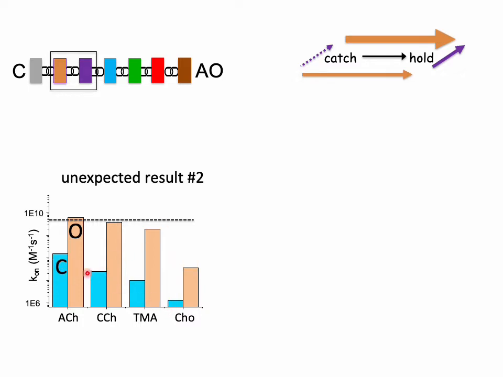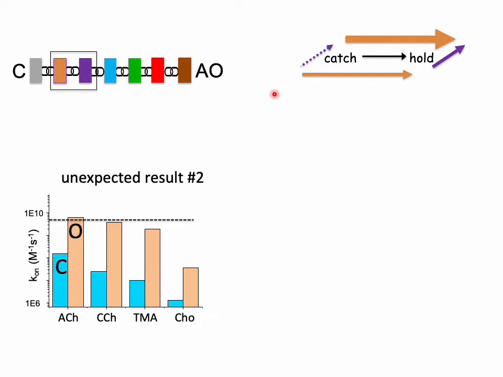You recall that we use this reduction in C with a reduction in EC50 to divide binding into diffusion and catch. So now we want to try to use this model shown above to try to explain why these agonists are at the diffusion limit.